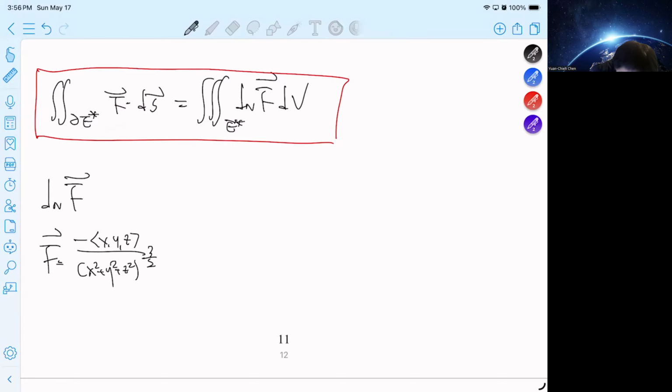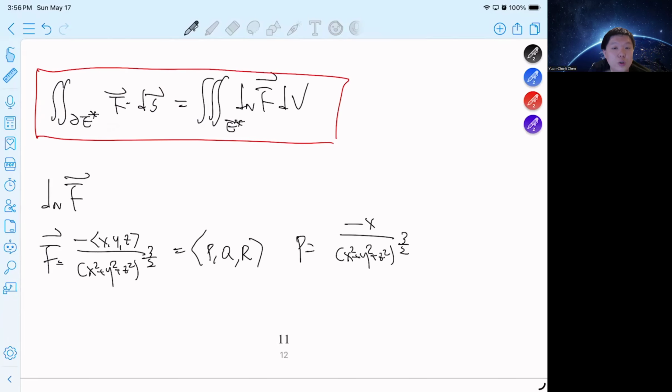If we really want to do the calculation, we do it term by term. So divergence F is Px plus Qy plus Rz, where P is negative x over (x squared plus y squared plus z squared) to the 3 over 2. Let's just do one and see what happens.